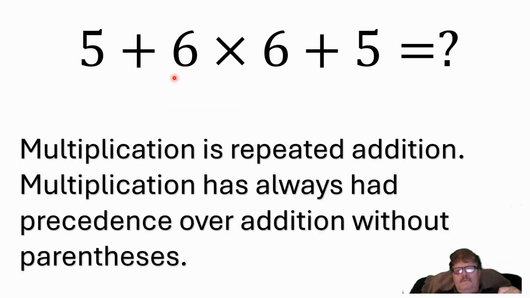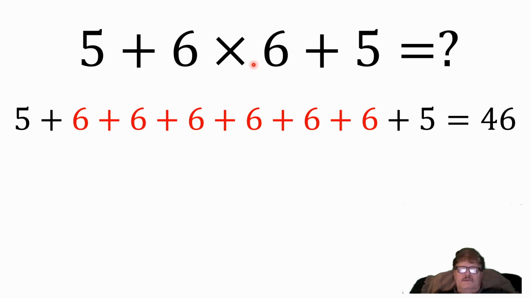Again, we said multiplication is repeated addition, and it has precedence over addition without parentheses. What is multiplication? It's repeated addition. You can take the 6 times 6. 6 times 6 is the same thing as adding 6 six times. So you can replace 6 times 6 right here, everything in red.